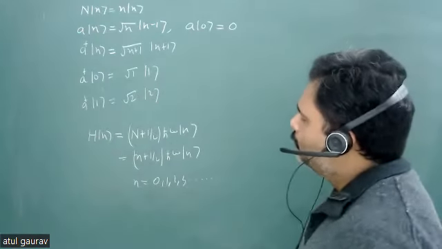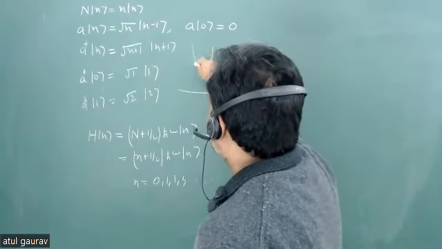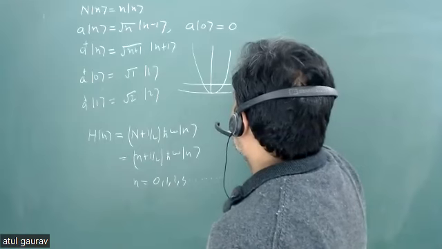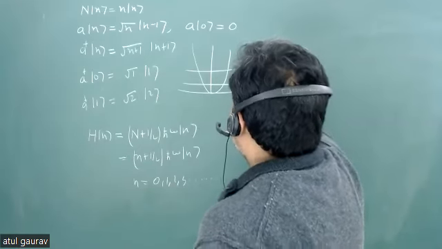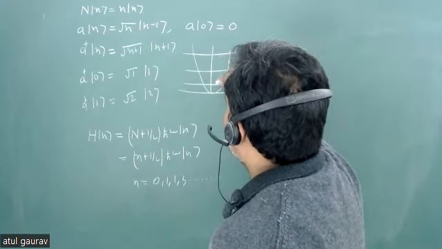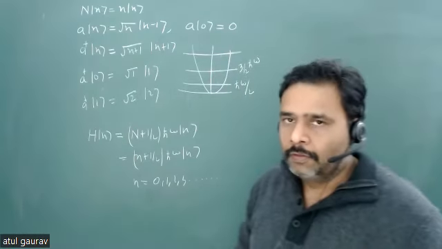So you have discrete energy eigenvalues. The lowest level is h cut omega by 2. The next level is 3 by 2 h cut omega, and so on. And the spacing between two consecutive levels is always the same.